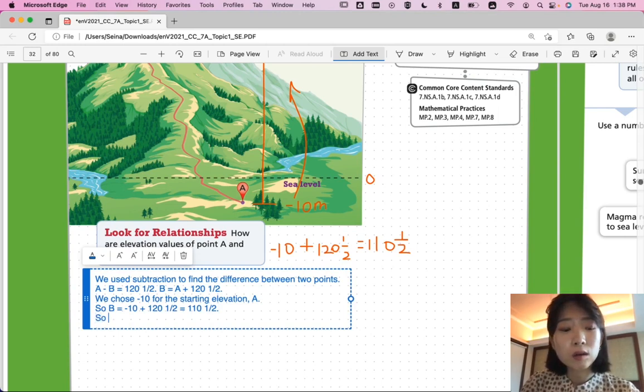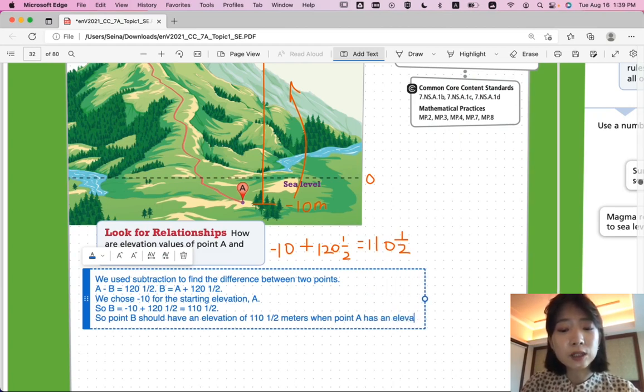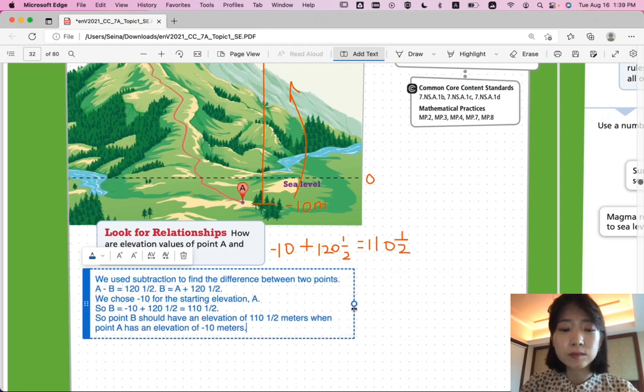So point B should have an elevation of 110 and half meters when point A has an elevation of -10 meters. Okay.